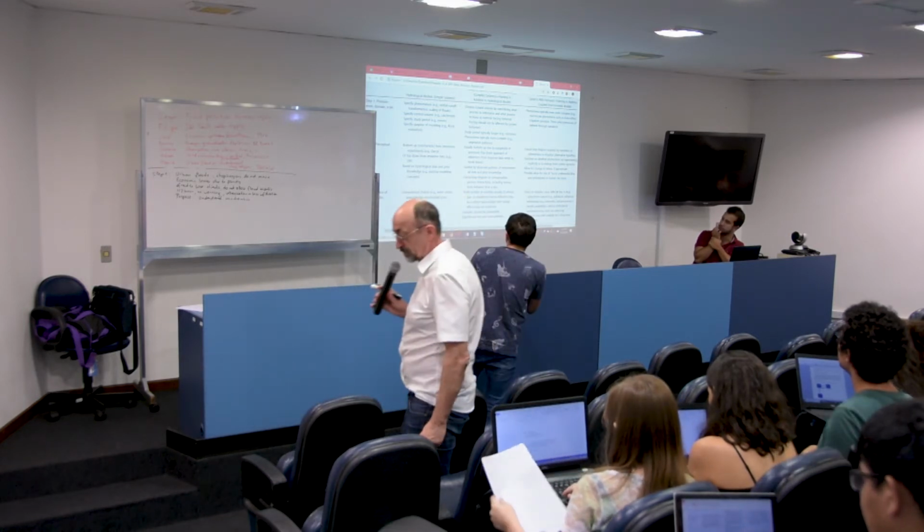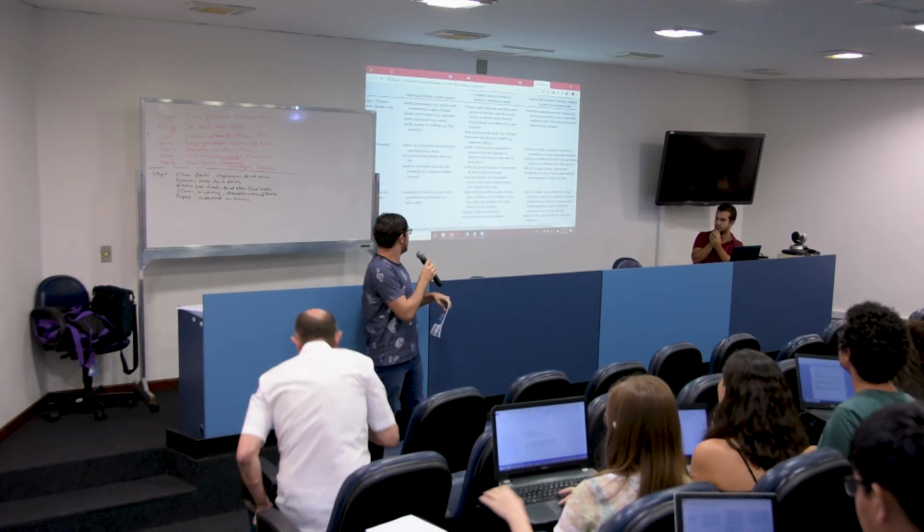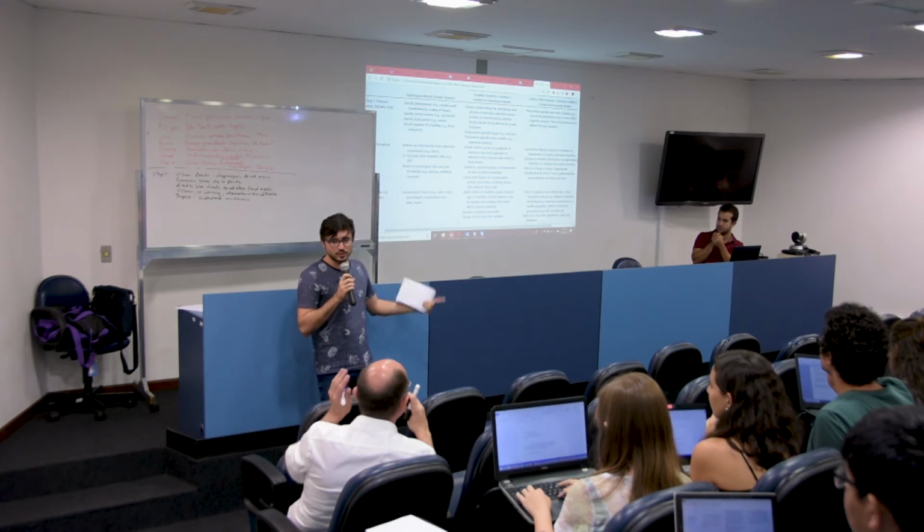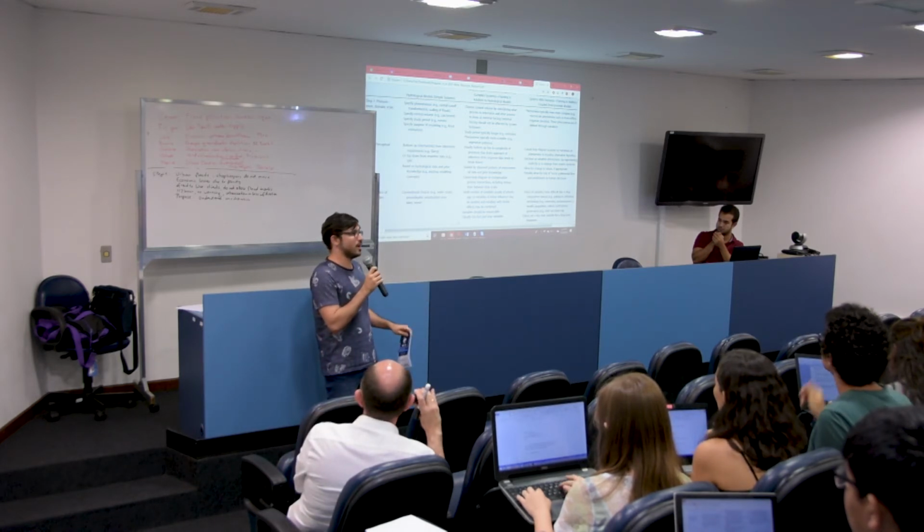It is the perceptual model. So I think we could use hydrological data, because with hydrological data we know how much water we have, and it helps us predict when the floods will happen. But I think that we already know when the floods will happen.